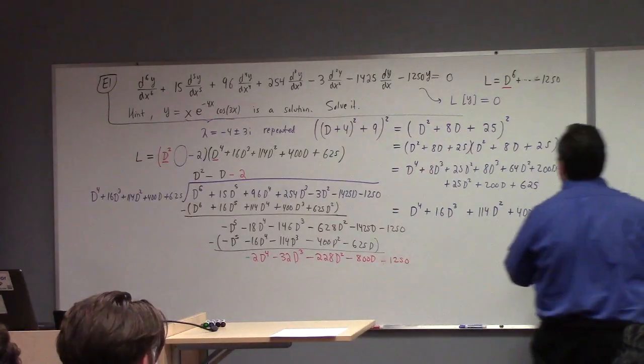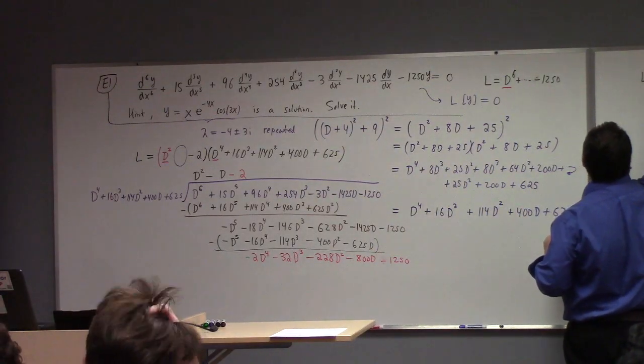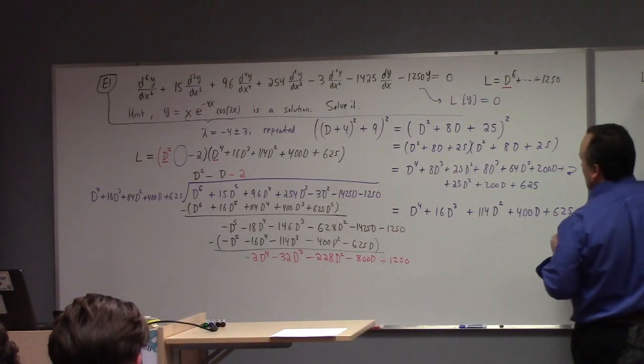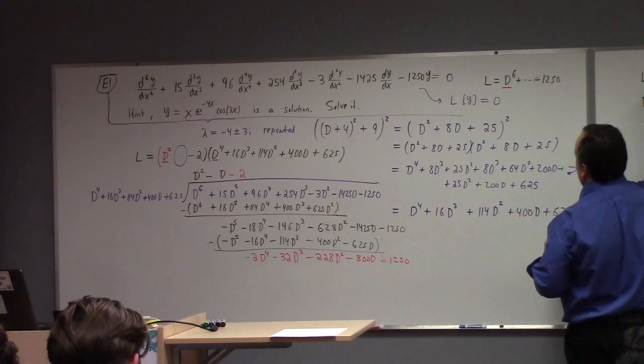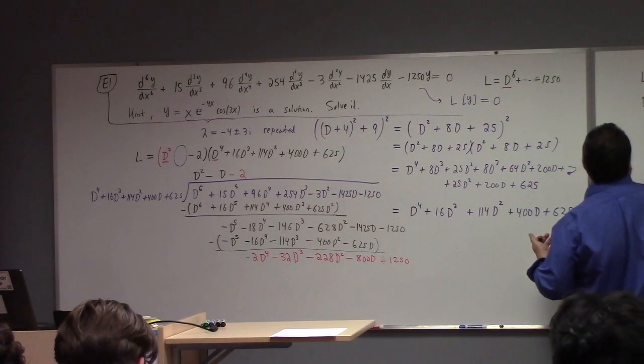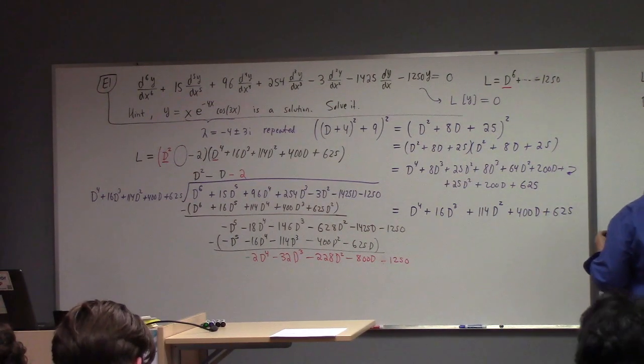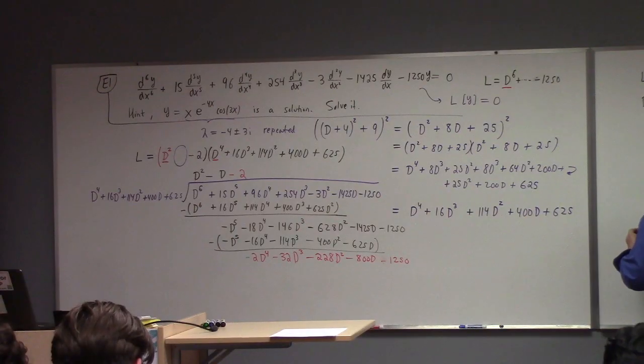So now we have learned that we're looking at L of y equals 0, which has the form d squared minus d minus 2, which is d minus 2 times d plus 1.